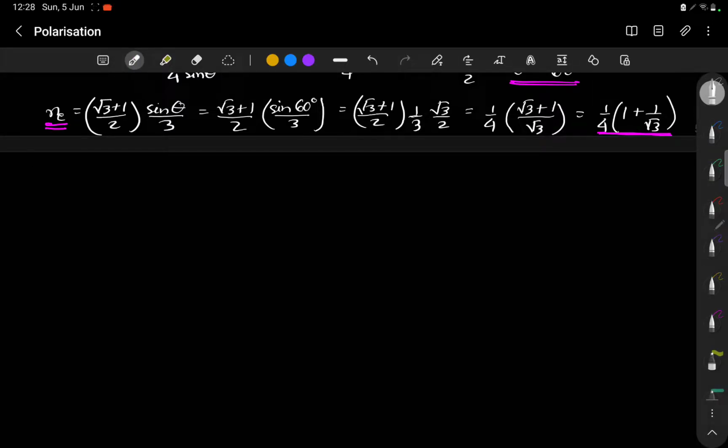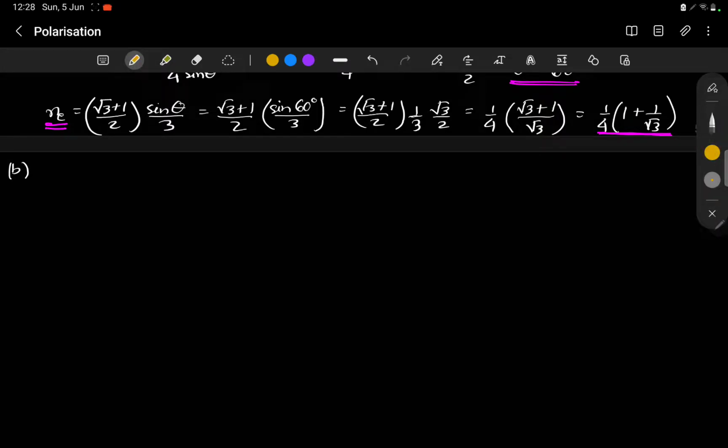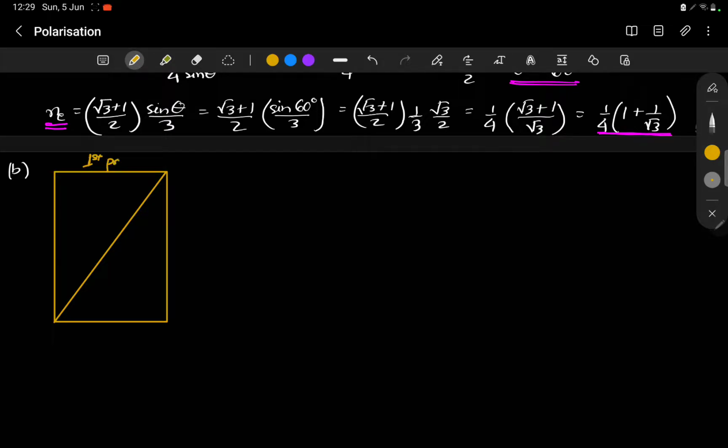This is part B. So we have these two prisms put together, and then the second prism starts sliding downwards. This is first prism, this is second prism. Now this prism starts sliding.